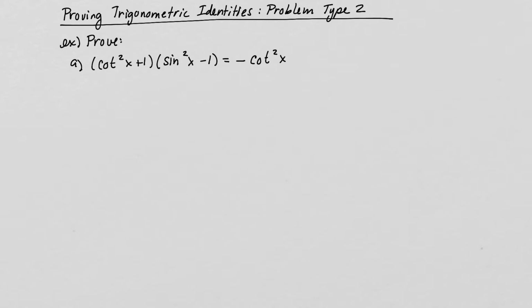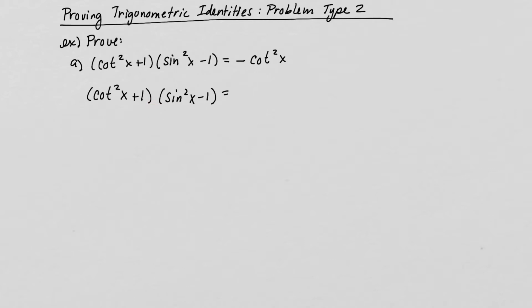Okay, so in this problem, I'm going to want to try to basically rewrite some things. So we're going to start here with the left-hand side. So cotangent squared x plus 1, and then sine squared x minus 1. The first thing I would notice is that this right here is one of our trig identities.